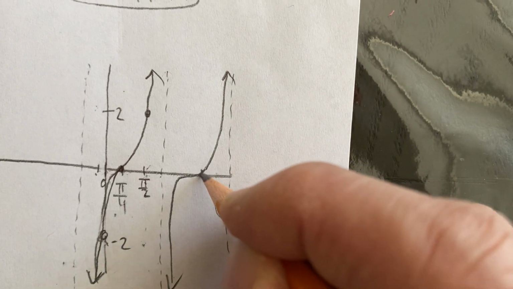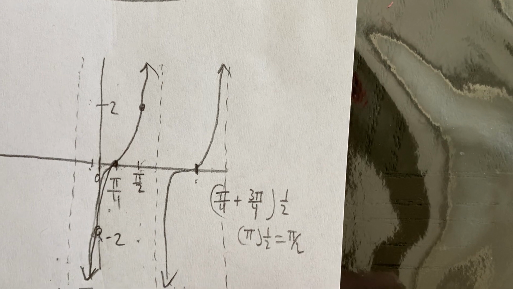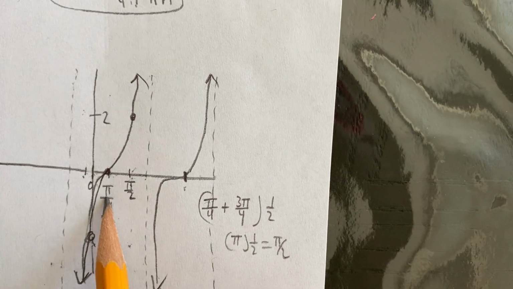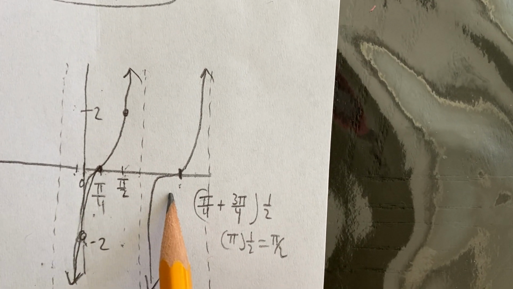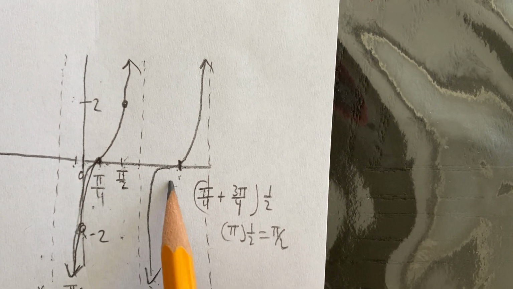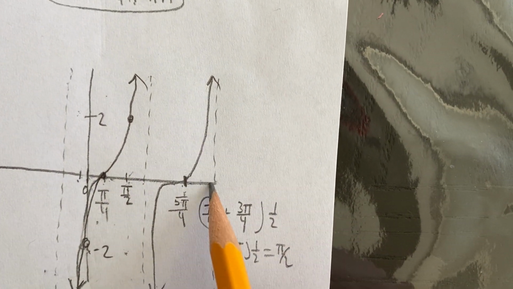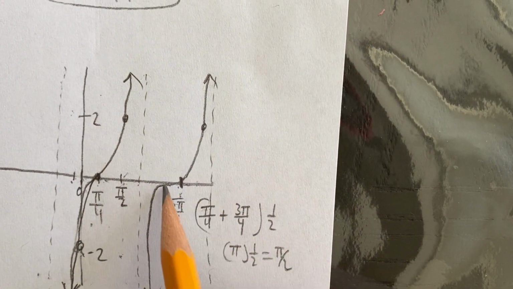Again, if I ask you, what is this x-intercept? You can calculate the midpoint between these two. Or you could just say pi over 4 plus pi, because the distance from here to here is a full period. That would just be 5 pi over 4. And the midpoint between here and here would go to the positive amplitude.